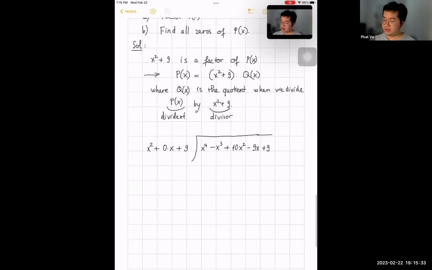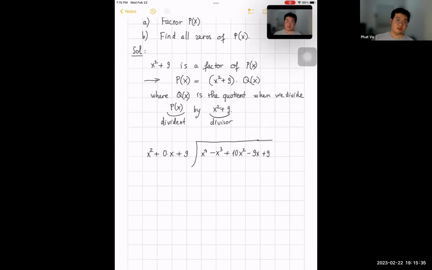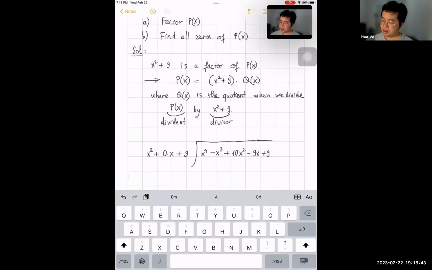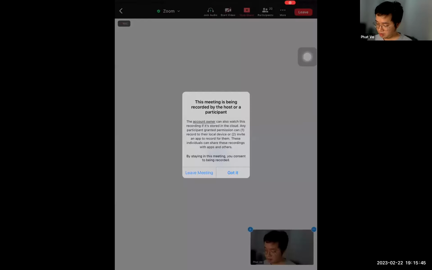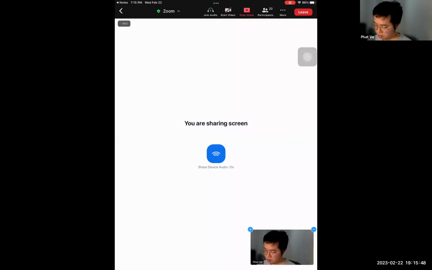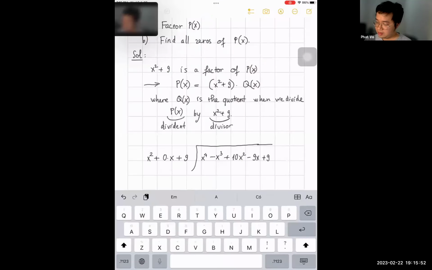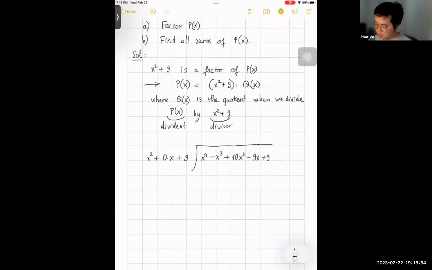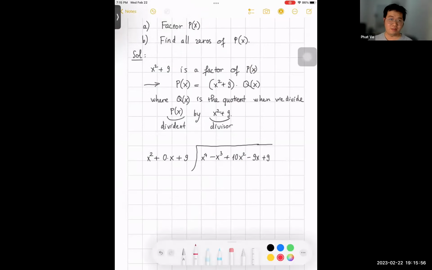Okay, so now we will divide these two polynomials. The first thing we need to determine is the leading term in both polynomials.